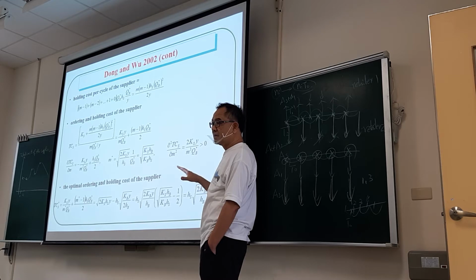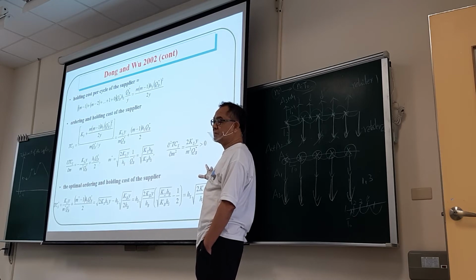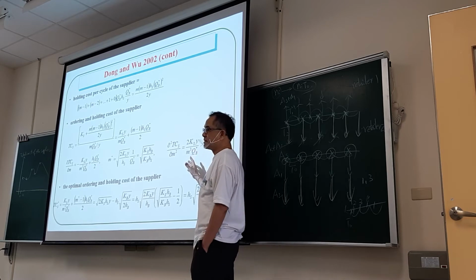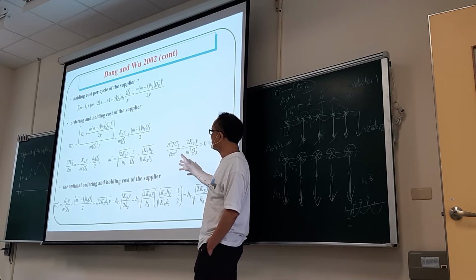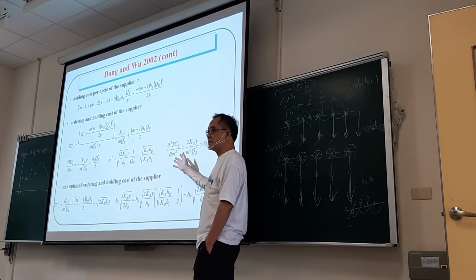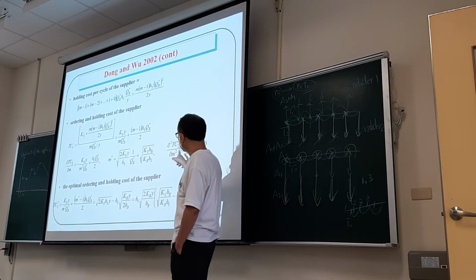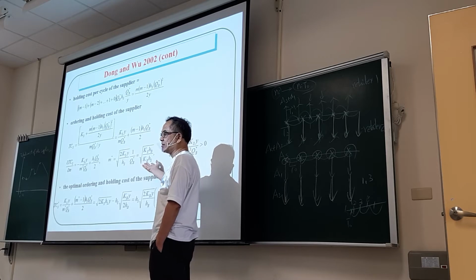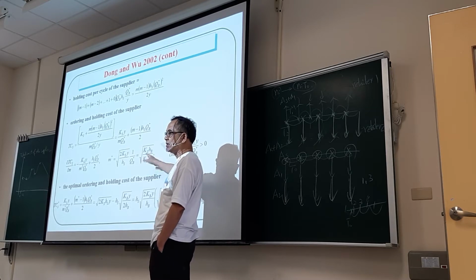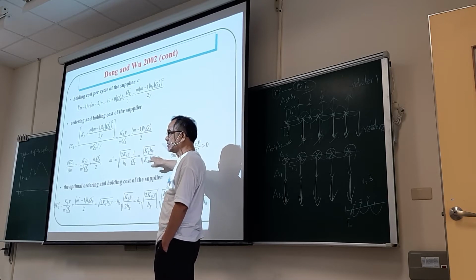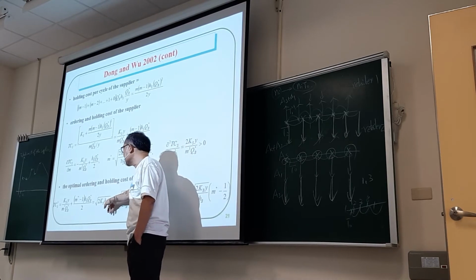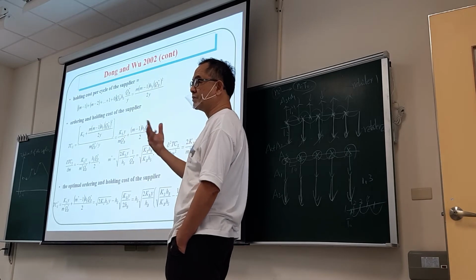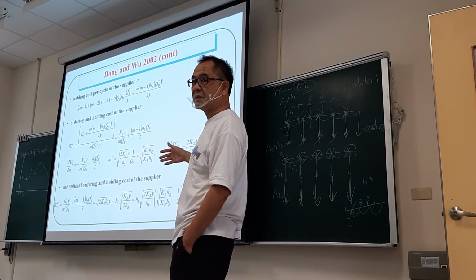But this paper, unlike Goyal in 1976, has some process to determine M star because M star is an integer, right? But here, since we are not sure whether this one is an integer or not, we just plug in the number into it. But for the numeric example, next week I will release the mathematical template for this one.